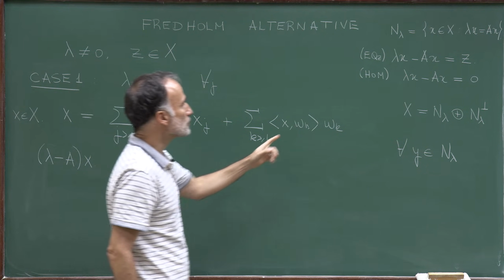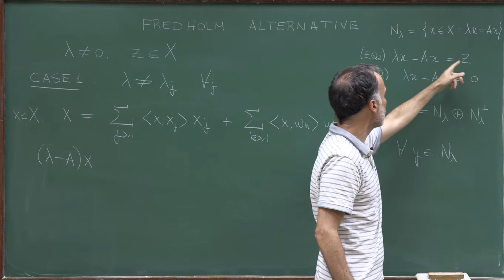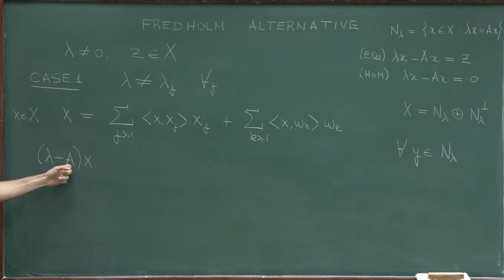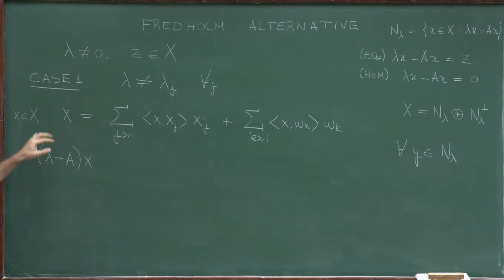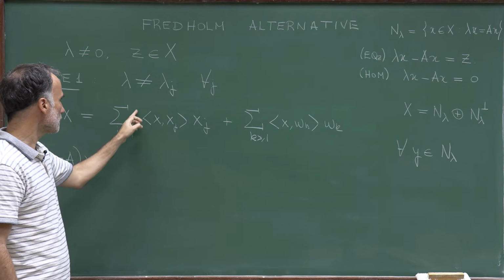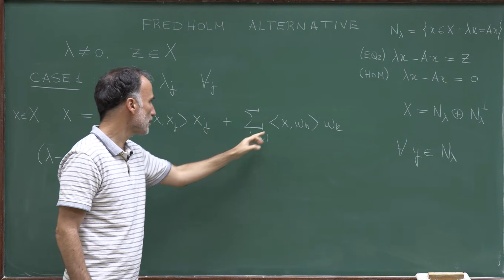I want lambda x minus Ax to be equal to z, where z is fixed. First, lambda x is just multiplying these sums by lambda, so I get a lambda inside.